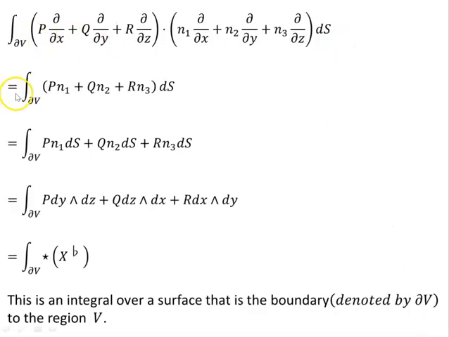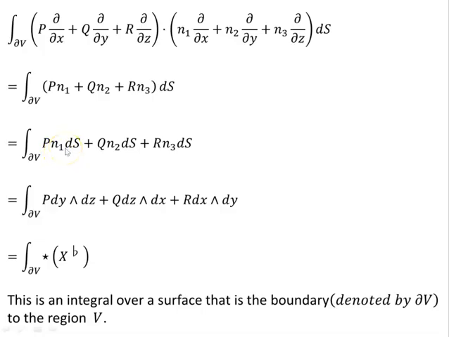Writing that again and performing that calculation here, the basis vectors combine out. The inner product gives 1 for each, and we're left with the scalar p times n1 plus scalar q times n2 plus r times n3 and the surface element ds. Okay, so multiplying through by ds there, we have this thing here.